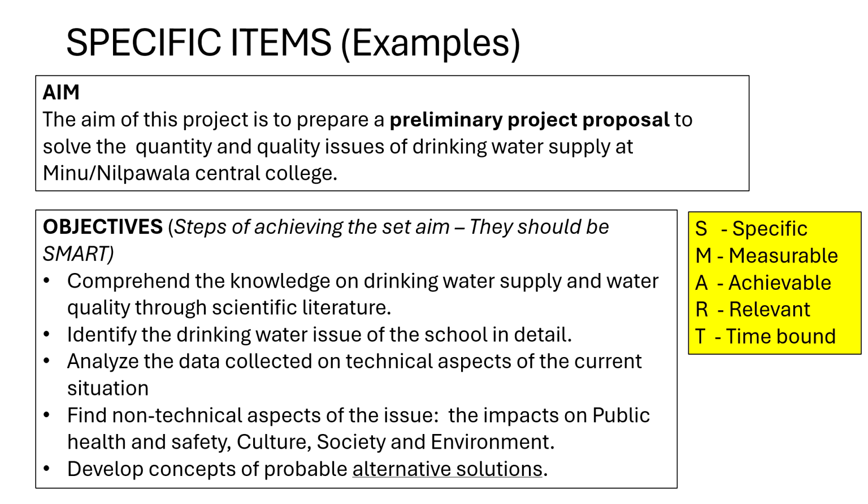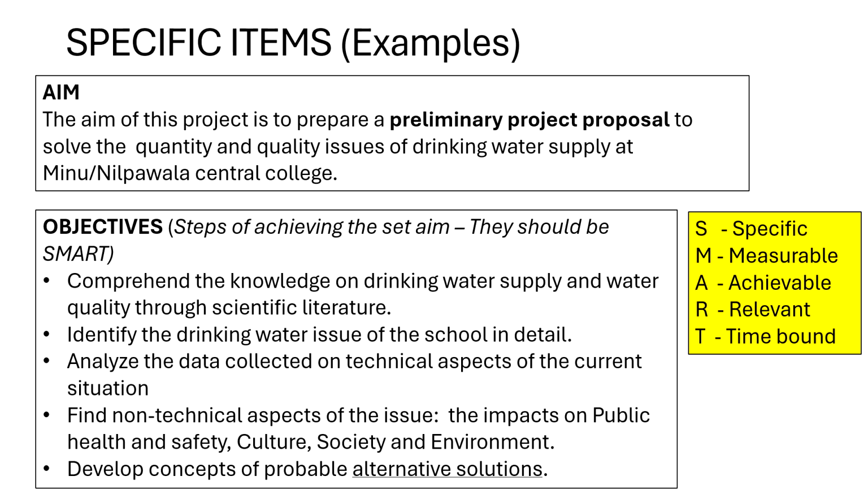So the third objective is to analyze, that is the word. Now it is a little bit more difficult than comprehending and identifying, right? Analyze the data collected on technical aspects of the current situation. Now you need to know what the data are, and for different data, what the methods for analyzing are.